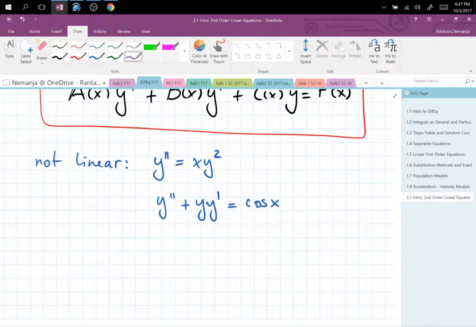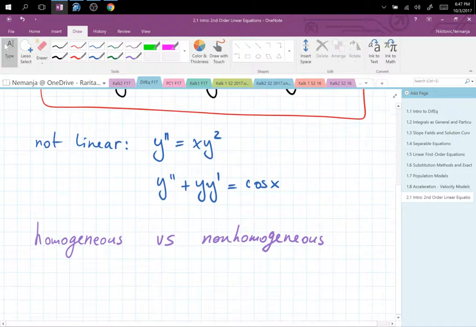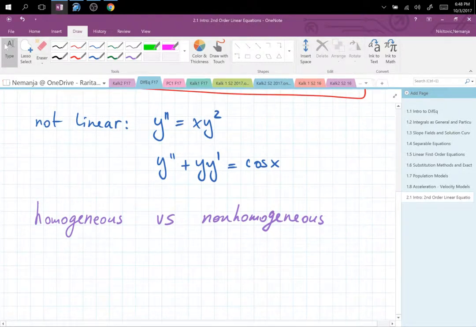A homogeneous equation of the second order would be, say, 3y double prime minus cosine x times y equal to 0.